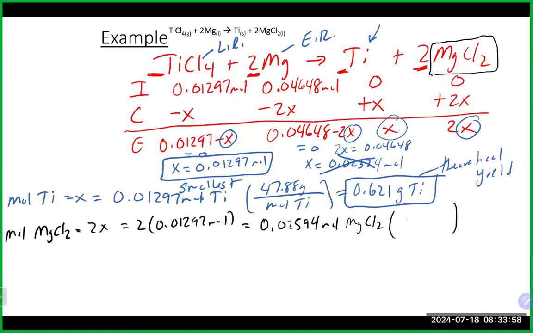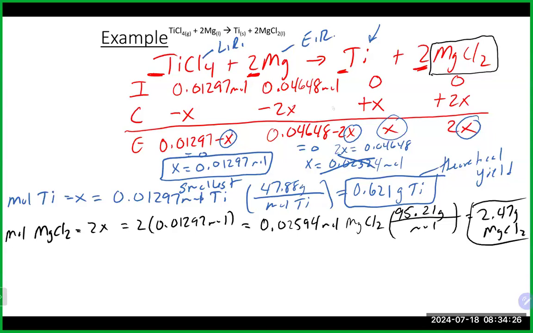You then could use the molar mass of magnesium chloride, which is 24.31, I believe, plus 2 times 35.45, something like 95.21 grams per mole. And that would then get you something like we produced 2.47 grams of magnesium chloride. So pretty quickly we could get there.